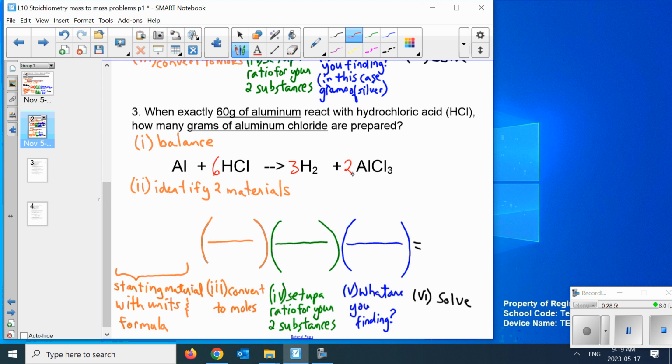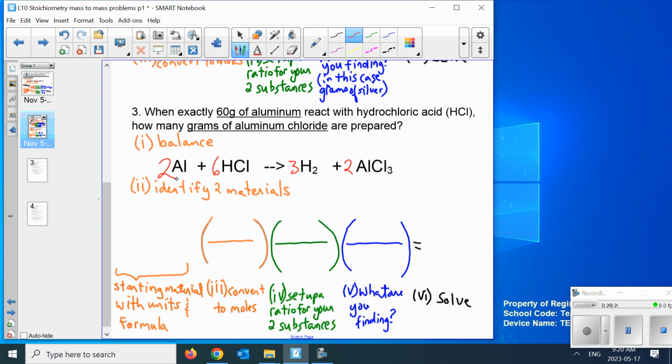Now, I know I've screwed up the aluminum, but I want to double check everything else. I've got 6 hydrogens, 6 hydrogens. I've got 6 chlorines, 6 chlorines. 2 Als, okay. That's what I was saying there, just so you see the logic. That one would take some people a few minutes. That's good.